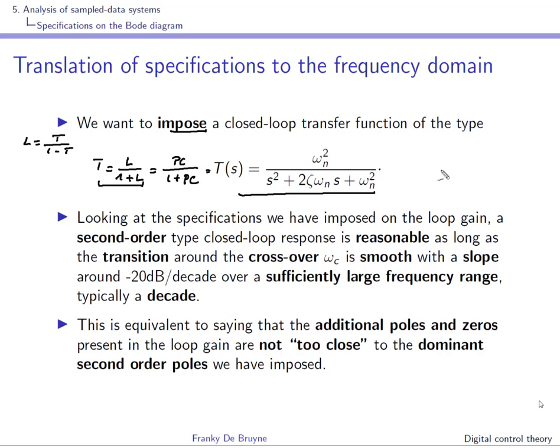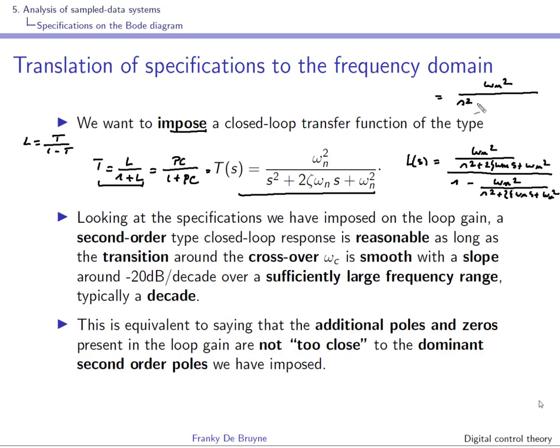Okay, so L of s is T over 1 minus T. We have to put this under the same denominator, and what we'll have is omega n squared over s squared plus 2 zeta omega n s plus omega n squared minus omega n squared.